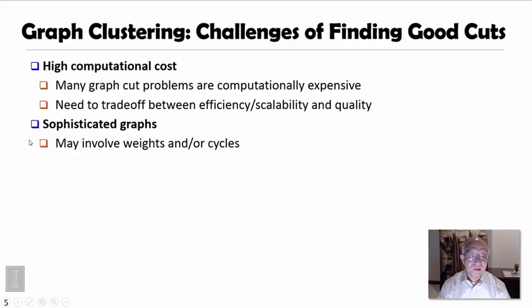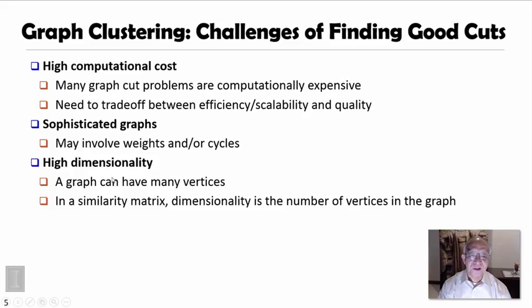Also, the graphs can be quite sophisticated. They may involve weights, cycles, or self-cycles. They could be very high dimensional, since one graph can have many vertices. If you think every vertex is a dimension, the dimensionality of the matrix is the number of vertices in the graph. So this could be really big.